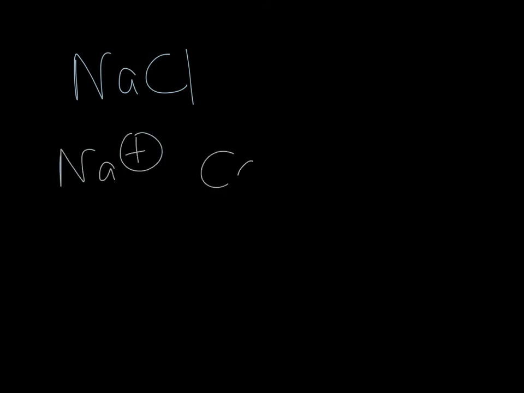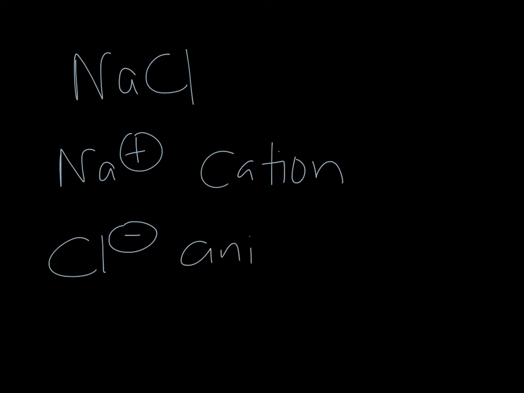So if we look at an example, let's say that we have NaCl. Na is Na+, that's the cation, and Cl is Cl-, that is the anion. So we know now that elements on the left-hand side of the periodic table tend to lose electrons and become cations.